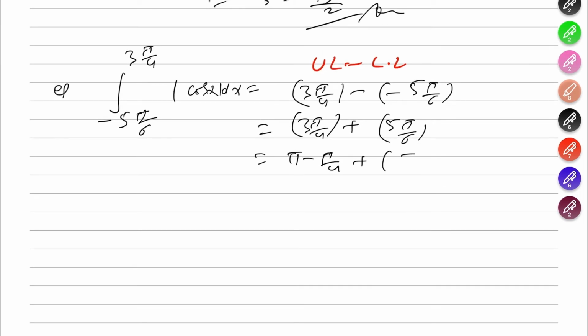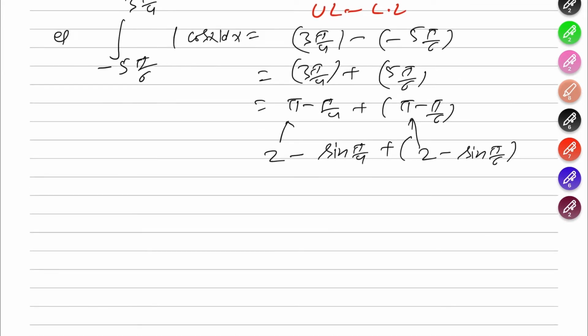Minus minus multiplied, that becomes pi minus pi by 4 plus pi by 6 plus pi. This is sine pi by 4 plus this pi means 2, minus sine pi by 6, so that becomes 4 plus sine pi by 4 which is 1 by root 2, and sine pi by 6 means minus half, so that means 7 by 2 minus 1 by root 2. That is the answer.